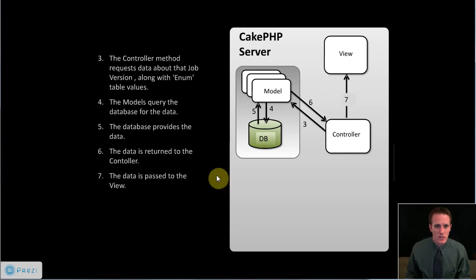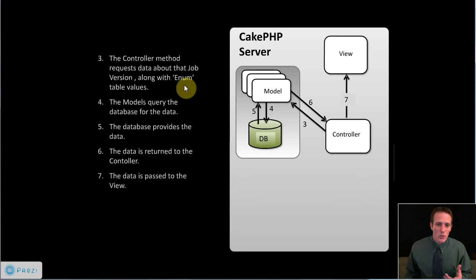Once the form method in the controller is called, basically the task here is to retrieve that job version's values, but I also need to return these enum table values. So recall the design in the entity relationship diagram that I explained.